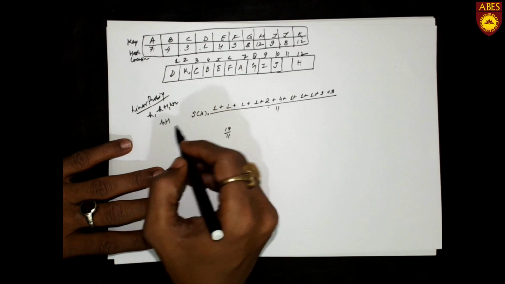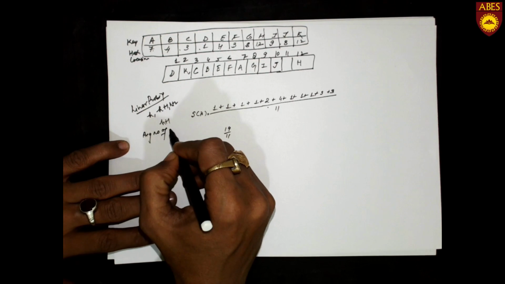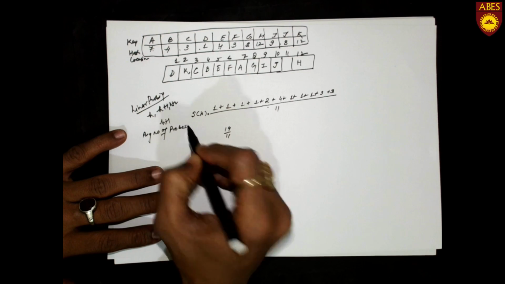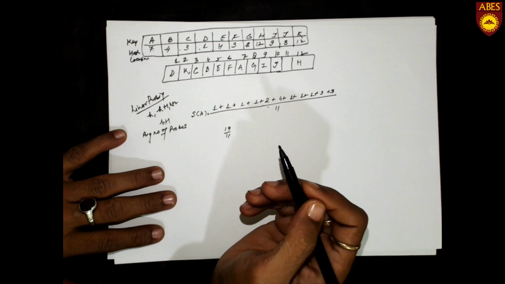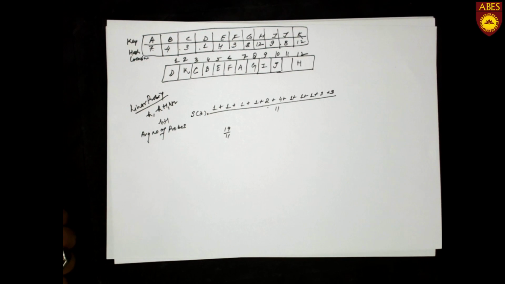What is S lambda actually? This is average number of probes. Probes means the comparisons. You must have heard about the word probe. That IT department has started probe against some businessman who has declared 13,800 crore rupees income. So probe means investigation.